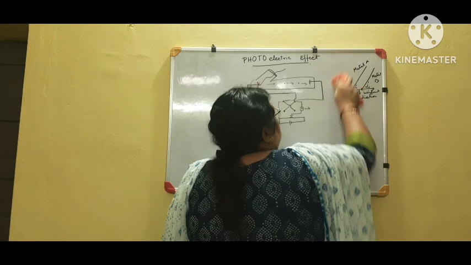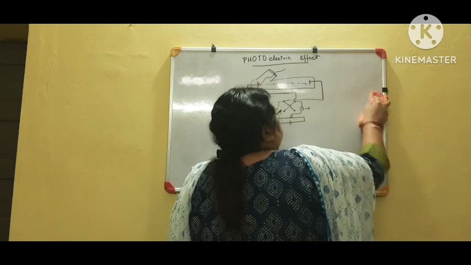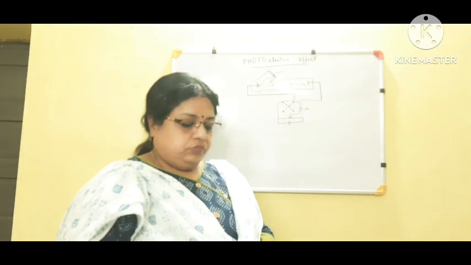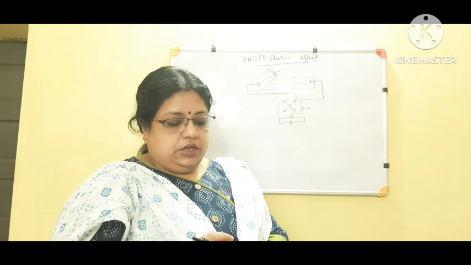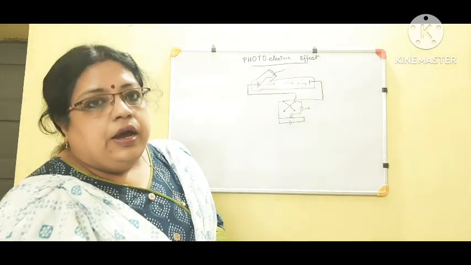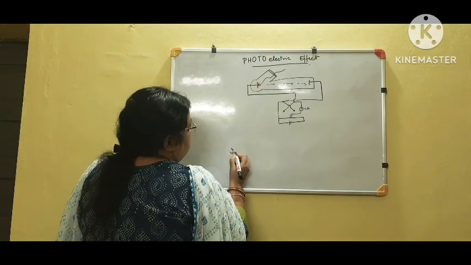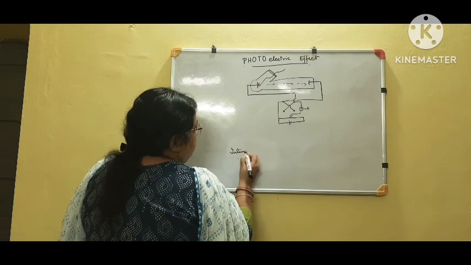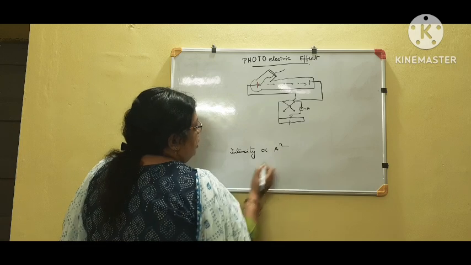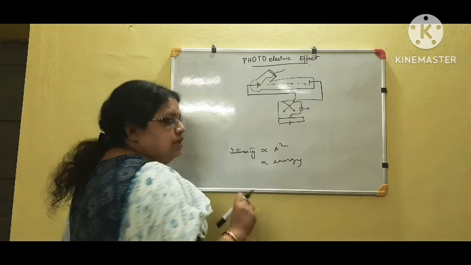Now from the wave theory of light, we know that intensity is proportional to the amplitude squared, or we can say intensity is proportional to the energy of the incident light.